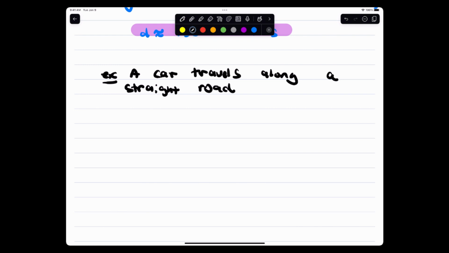Now, let me double check here. Heading east for 1 hour.